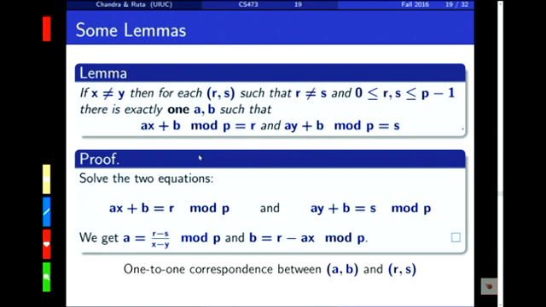So A is just R minus S divided by X minus Y. And once you have A, you can find B. Just plug in the value of A here. That's exactly what we did, right? So B is R minus AX.